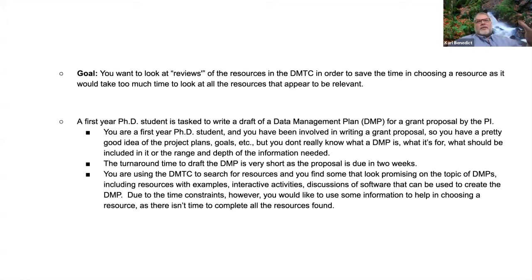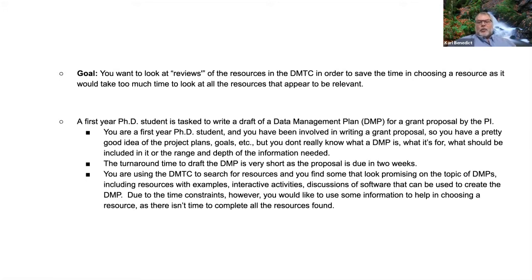Okay. So what you're seeing here is basically the scenario that I just described. The goal is, as a learner, to use the assessment information that has been captured about the learning resources to help streamline your process of selecting learning resources for your data management planning training.